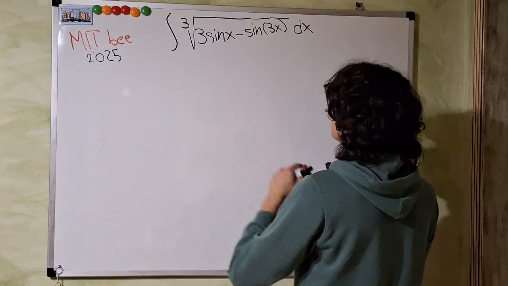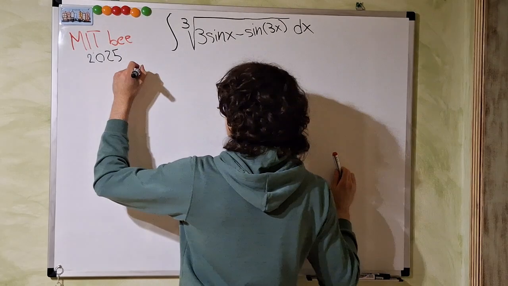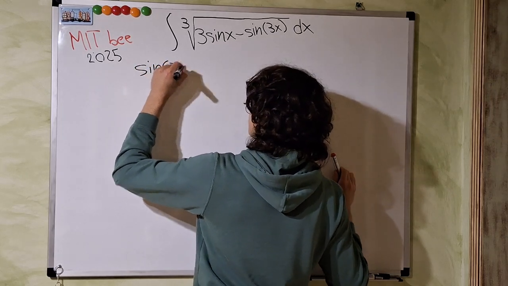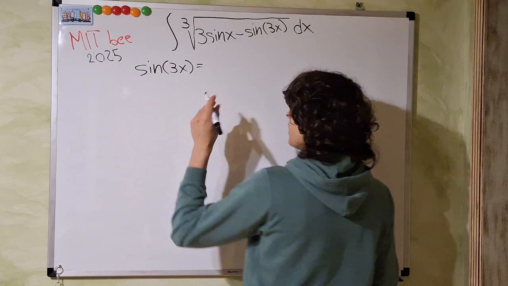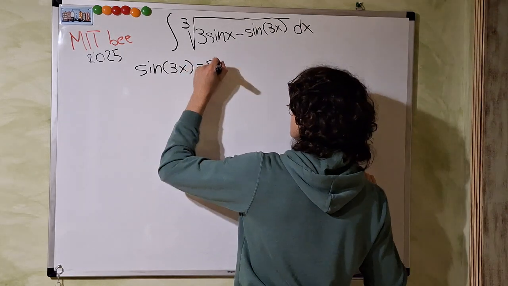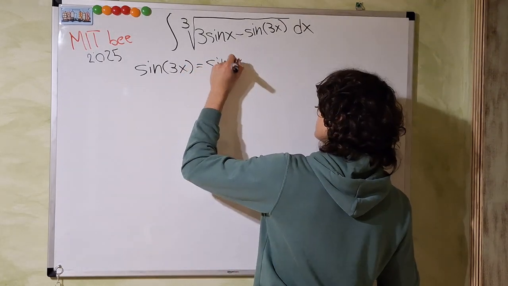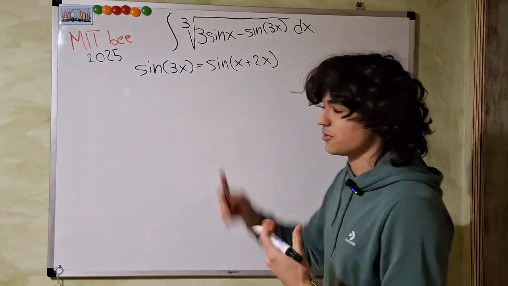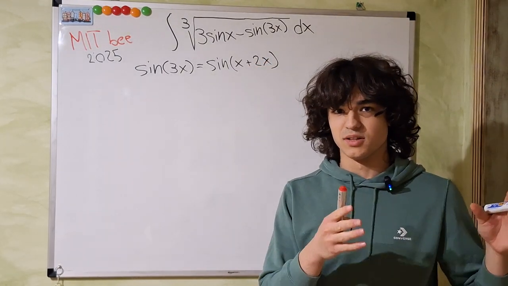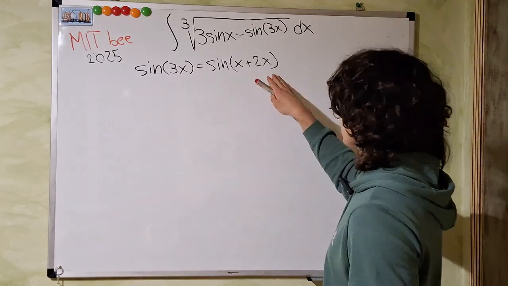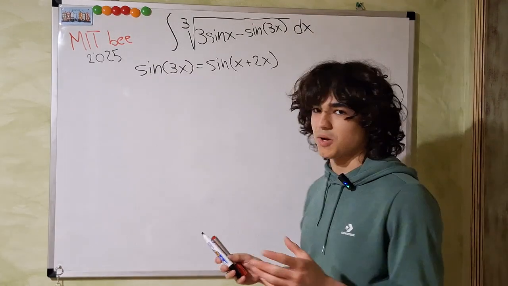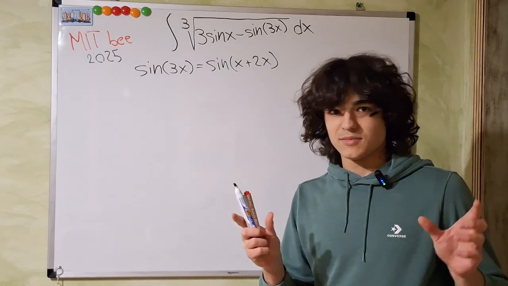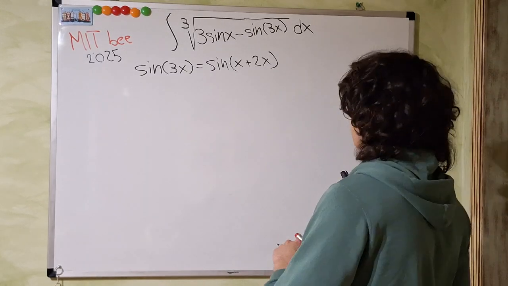So first, keep in mind that sine of 3x can be written equally as sine of x plus 2x. I'm just writing the angle of 3x as a sum of two individual pieces, in this case x and 2x, because this way we can just split the sine into sines and cosines.